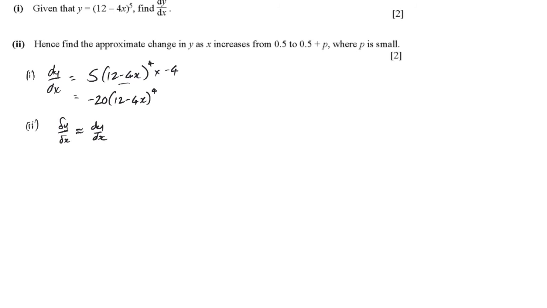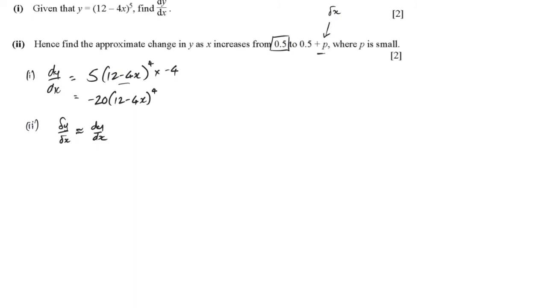And what is our certain value of x then? Well, a certain value of x is going to be this 0.5, because all we're doing is just adding this small p value onto it, or this is basically going to be the delta x, isn't it? That's what that's going to be.